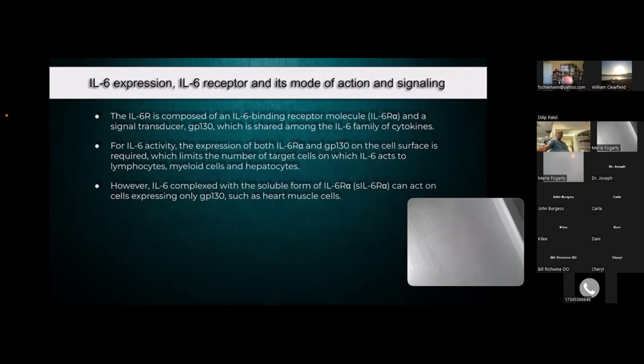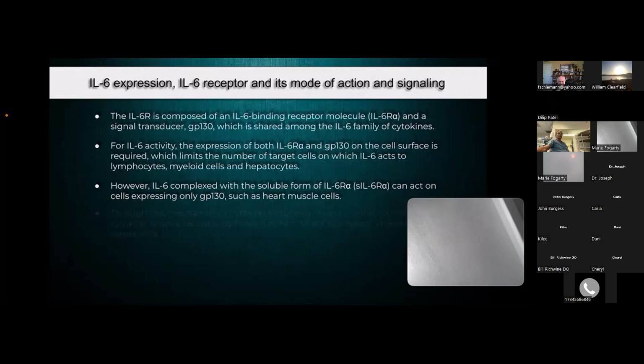And when that happens, you already have the interleukin-6 connected to the receptor. Then all it needs is the GP130 that's sitting on all the other cells. And then you start triggering things in other cells that don't need to be triggered. And then you start having more than one autoimmune disorder.